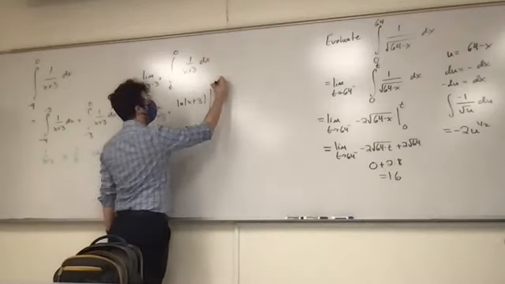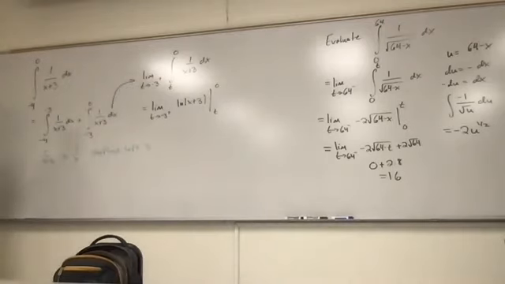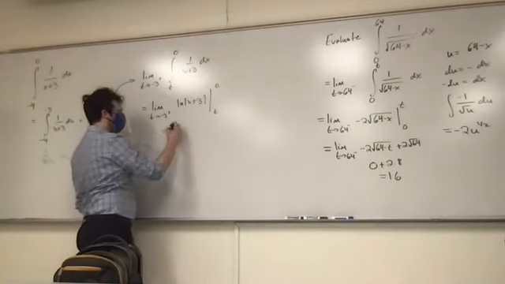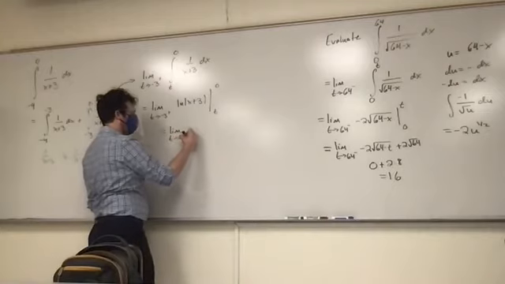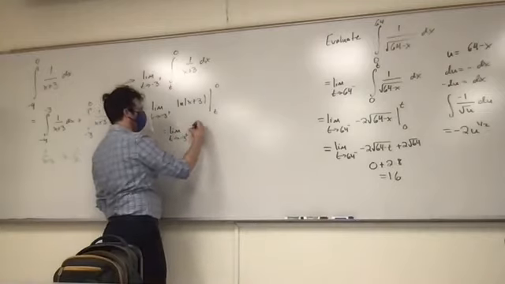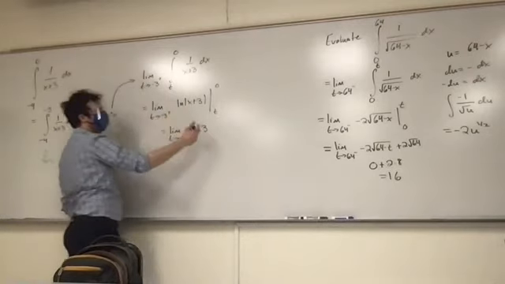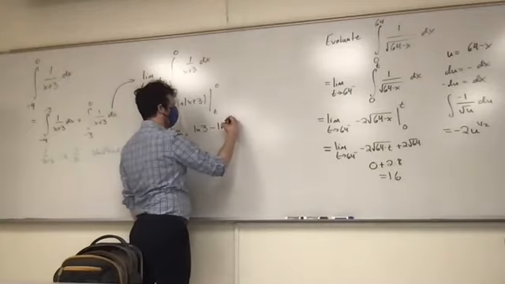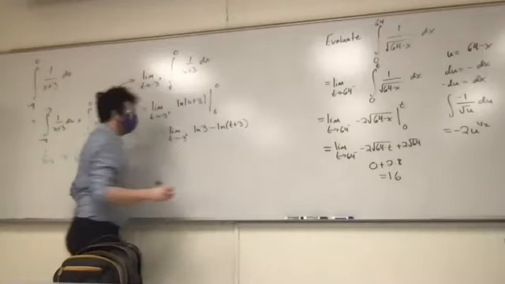And this is what we're evaluating from 0 to t. So we put in these two endpoints. t is going to -3, and we're looking at the natural log of 3 if we put in 0, minus the natural log of t plus 3.